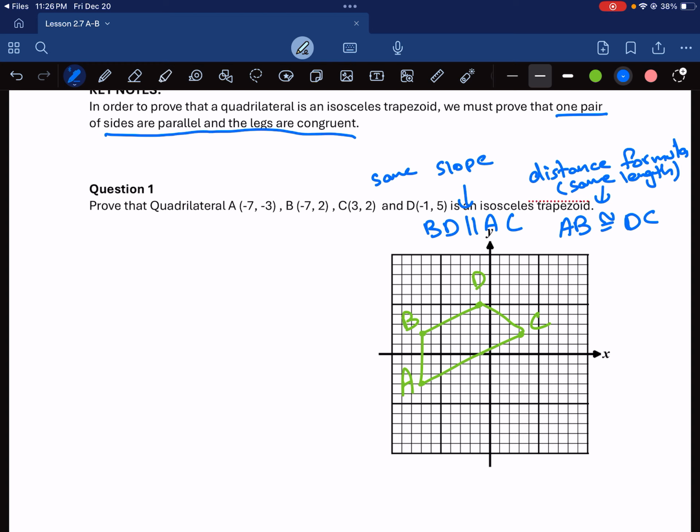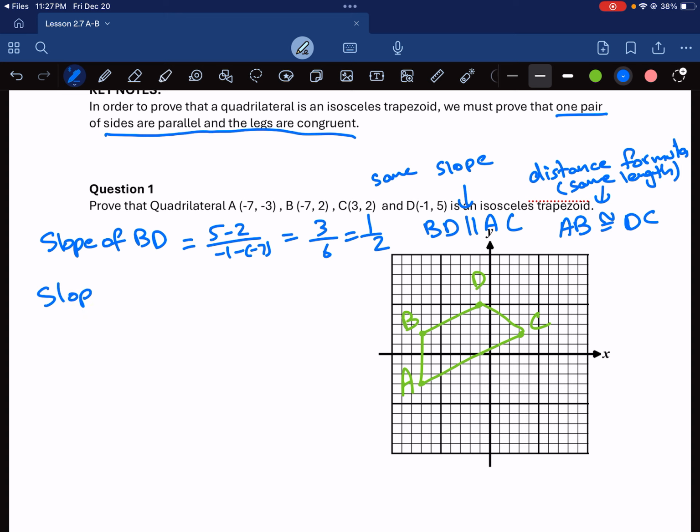Alright, I'm going to use slope first. So let's find the slope of BD. I'm just going to substitute it. You're going to get 5 minus 2 over -1 minus -7. That's just 3 over -1 plus 7, which is 6, so the slope is 1/2.